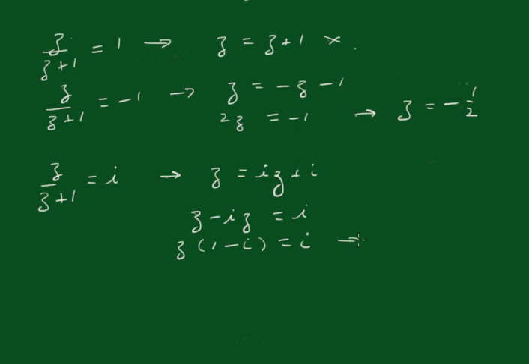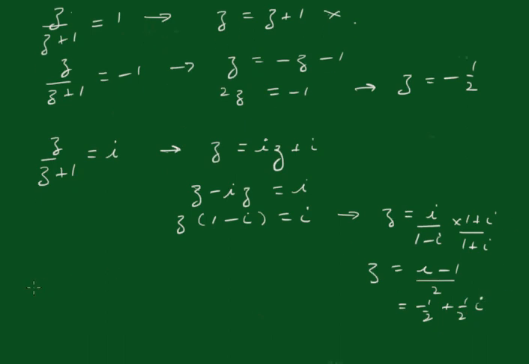And that gives me z equals i over 1 minus i. Rationalize, and we get 1 plus i on 1 plus i. So z equals i minus 1 over 2, or really minus a half plus a half i.